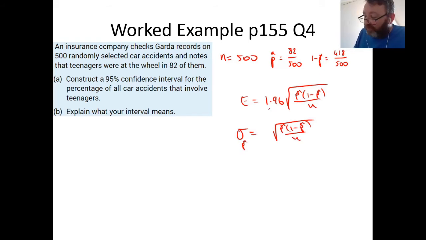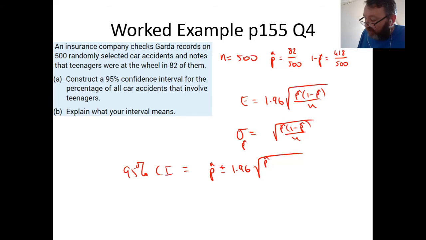The margin of error is 1.96 times that, and the 95% confidence interval is equal to the success fraction plus or minus the margin of error, 1.96 times the square root of p hat times 1 minus p hat all over n. So all I've got to do now is fill these three things into this formula.